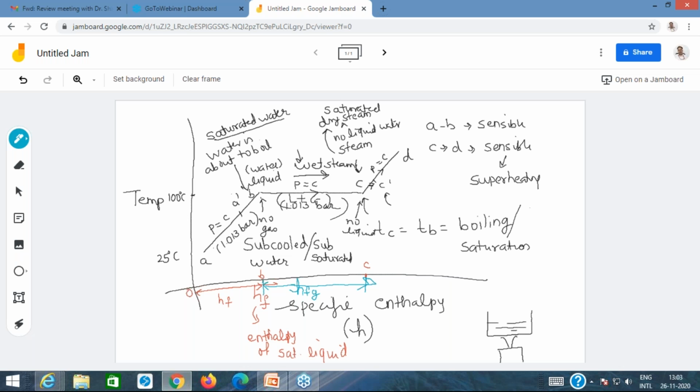And let me choose another color now, yellow. So this portion, let me ask you, what is HC, which is shown in yellow?